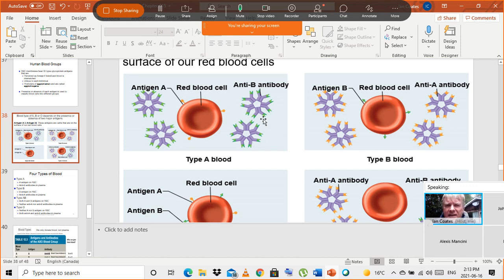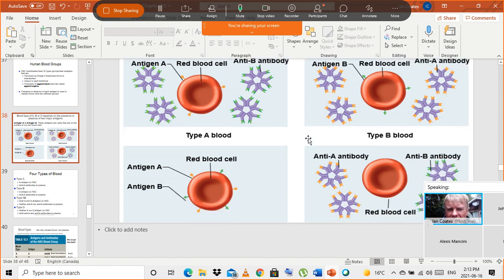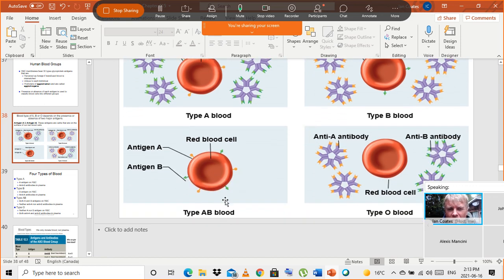So type A, you have A antigen and anti-B antibodies. Type B, you have B antigens, but you're looking for A, anti-A antibodies. These antibodies are looking for these antigens. You see here we've got type AB.